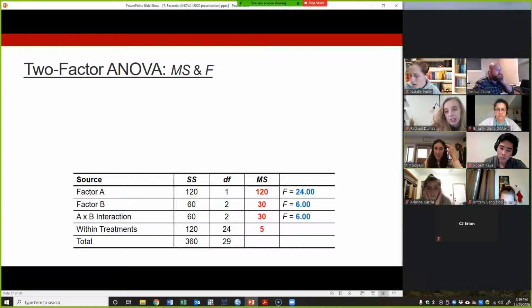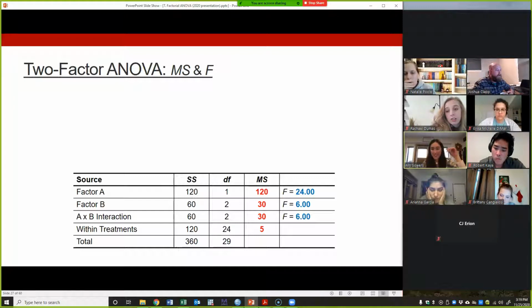Mean squared. Sorry, I'm blanking. I don't know. If I take a sum of squares and I divide it by a degree of freedom, what do I get? What statistic does that give me? The difference? Sorry, I don't know.